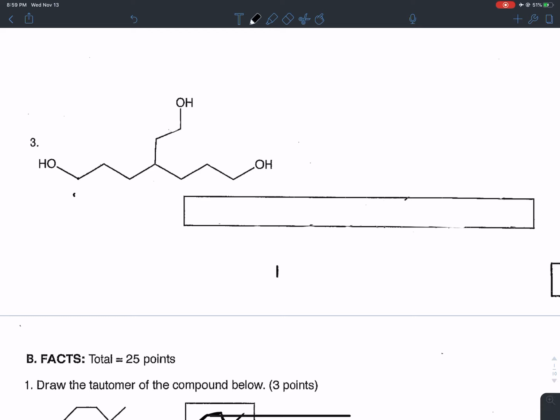So let's look at the bottom chain. 1, 2, 3, 4, 5, 6, 7. And if we go up instead, we have 1, 2, 3, 4, 5, 6. So we're going to stay on the bottom, right? Because if we go up, we get a 6-carbon compound. If we stay low, go the bottom the whole way, you'll have a 7-carbon compound.